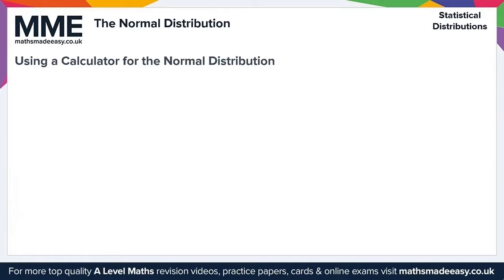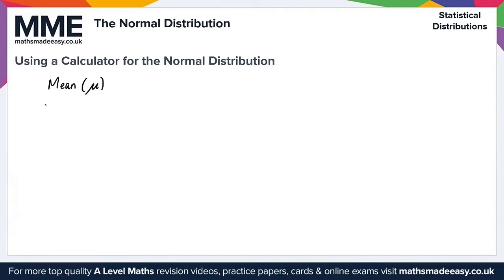Moving on now to take a look at how we can use our calculator to work with the normal distribution. Depending on your calculator, you may have a built-in function to work out probabilities for the normal distribution. We'll need several things to calculate these probabilities. We need a mean, often denoted on the calculator as the Greek letter mu.